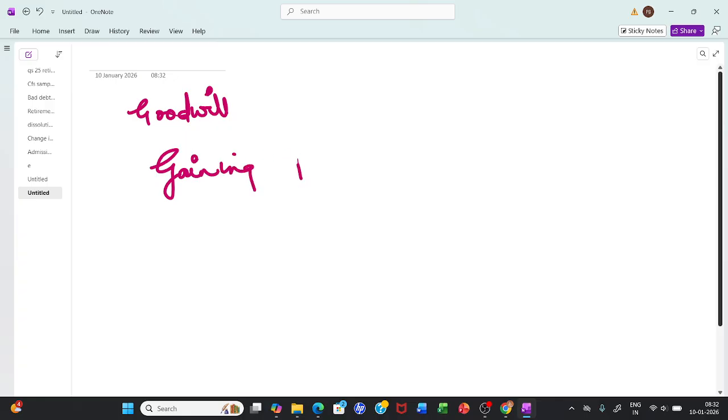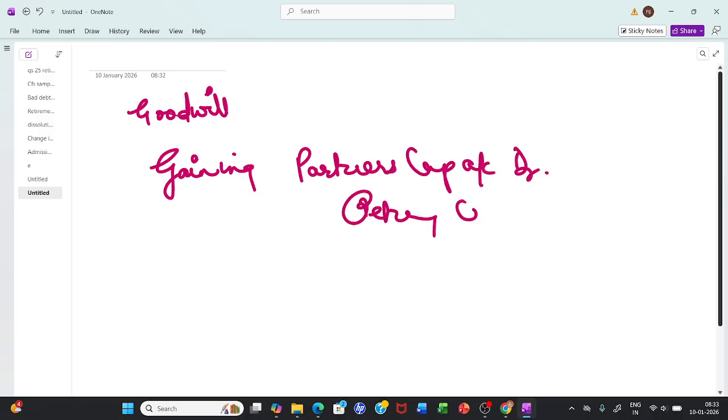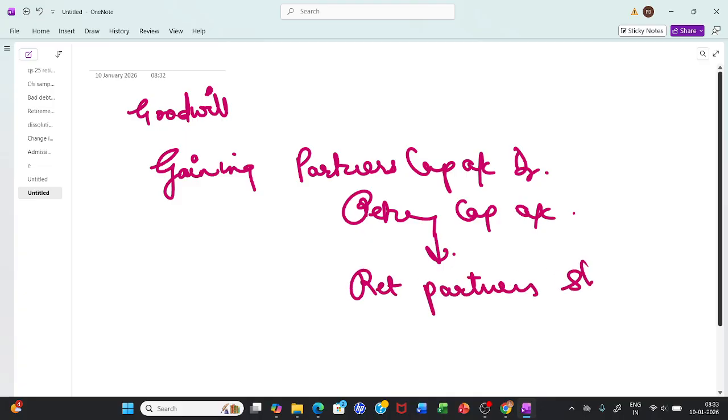So the gaining partners' capital accounts get debited and the retiring partner's capital account gets credited with his share of goodwill.